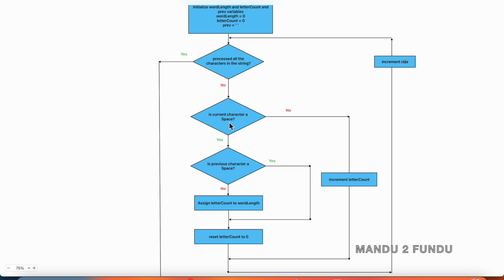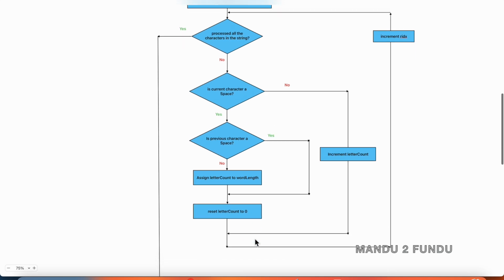Otherwise, we check whether the current character we are seeing is a space. If so, we check whether the previous character is also a space. If the previous character is not a space, that means we are hitting the end of a word, so we assign the current letter count to the word length variable. Otherwise, we simply reset the letter count to 0.